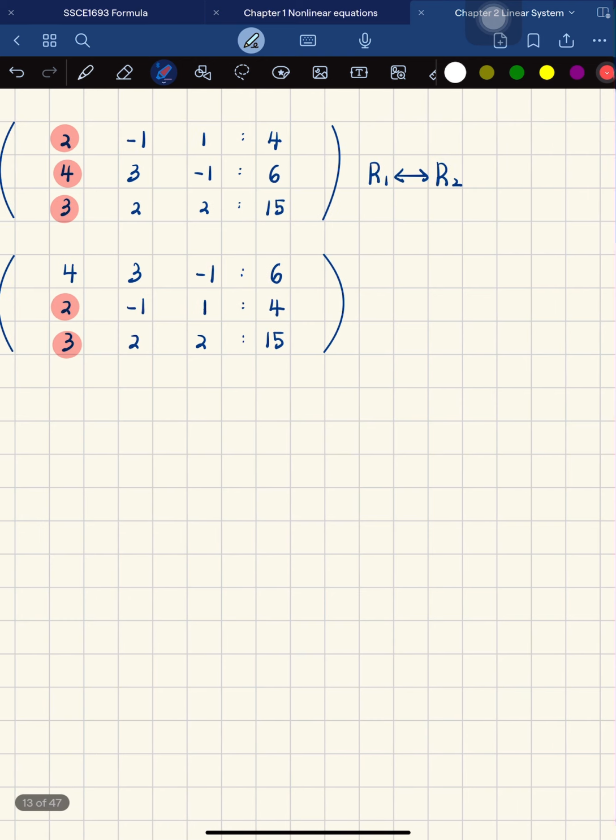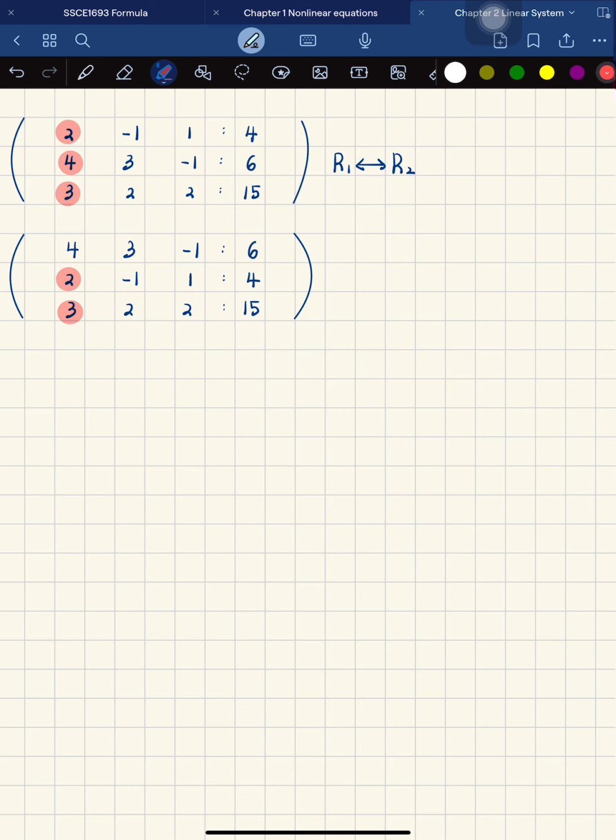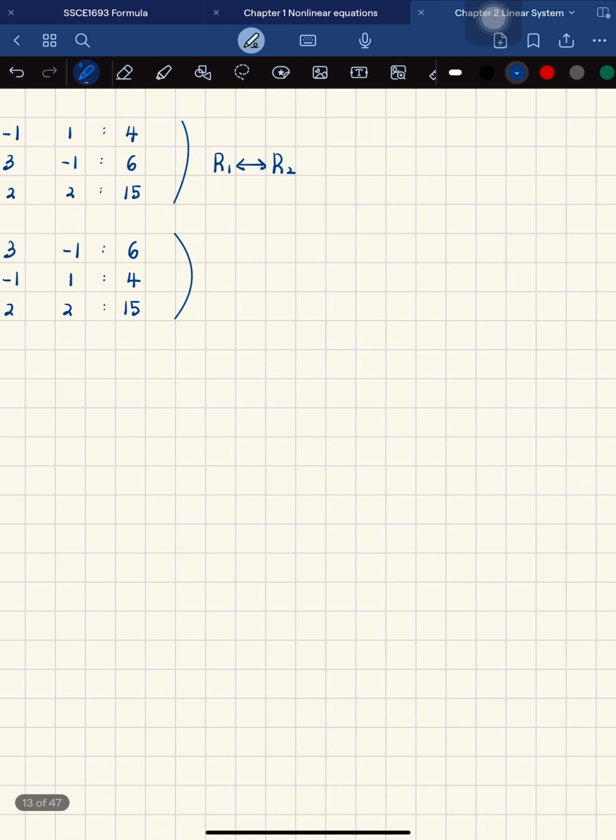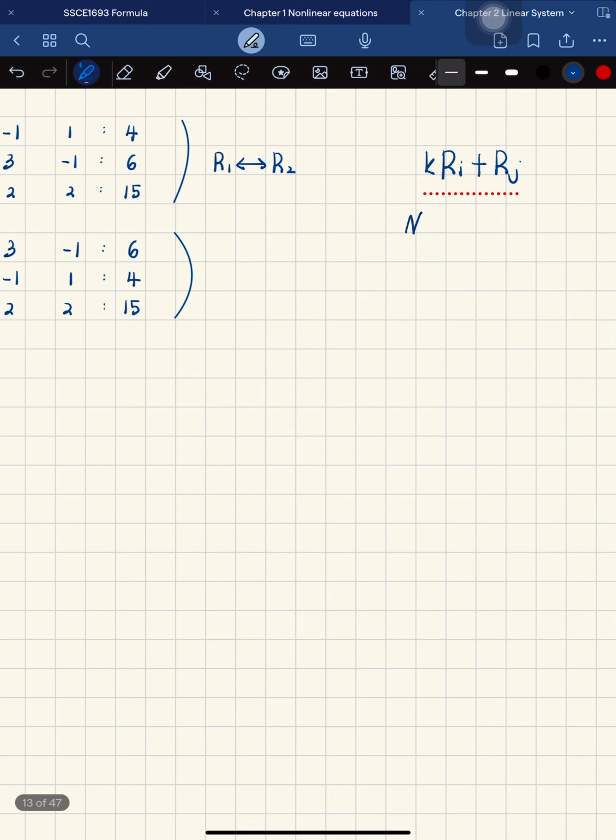So we apply the addition operation, but just now we used this formula, K leading 1 plus row affected, but now we apply M leading 1 plus row affected.